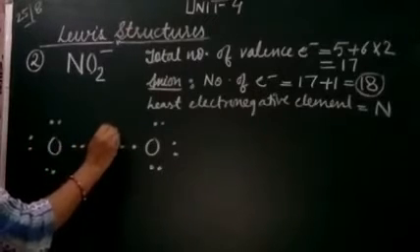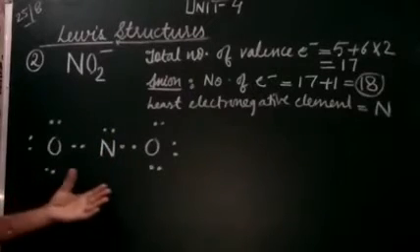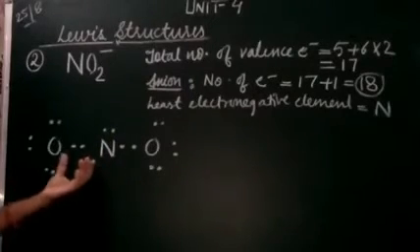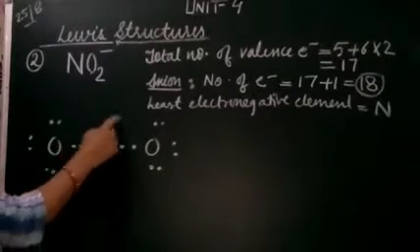Now if you see, the octet of the 2 oxygen atoms is complete, but the octet of the nitrogen is not complete. Here we only have 6 electrons.